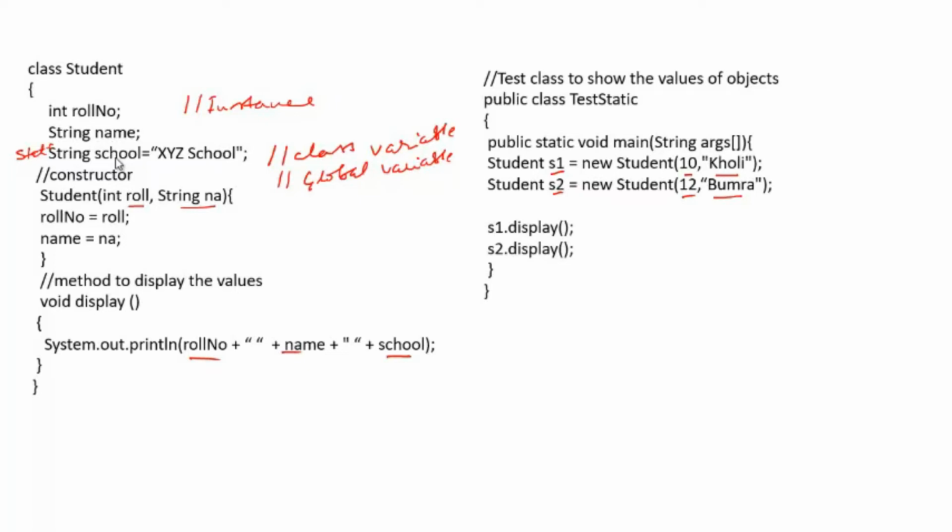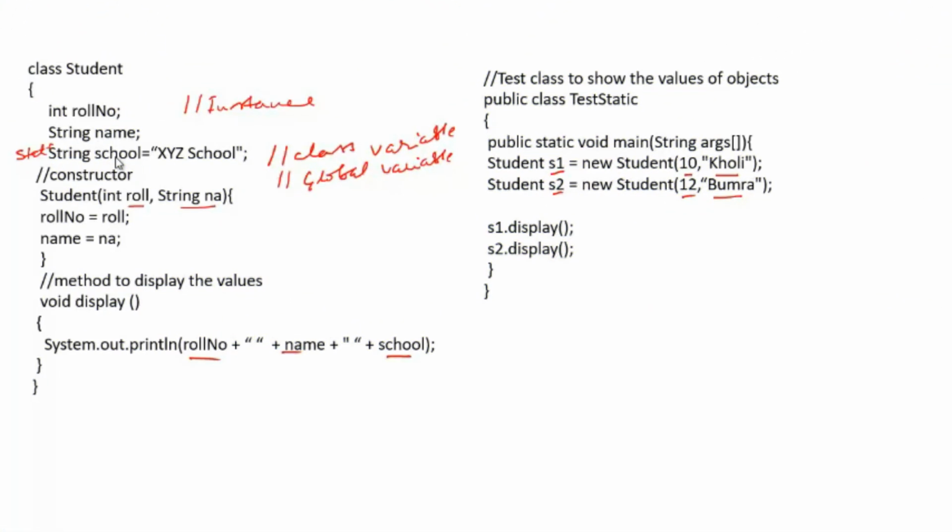So if 1000 students are in a school, you can't write some other school's name, because all these 1000 students are studying in a single school, and the name of that school is XYZ school, whatever the name is, I just write XYZ school here. Okay, I think the static variable is clear.